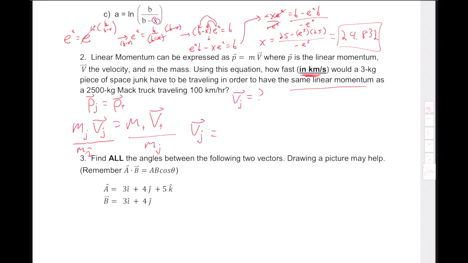So this will equal 25 kilograms times 100 kilometers per hour over mass of the junk, which is 3 kilograms. I do believe that gives us a huge amount of kilometers per hour.